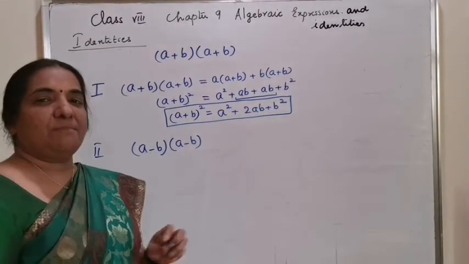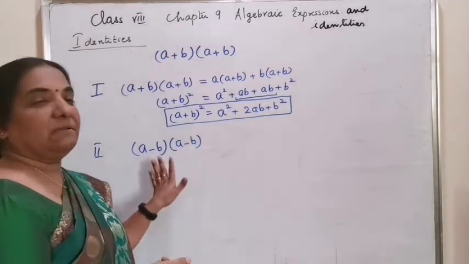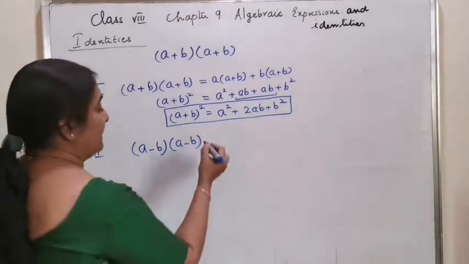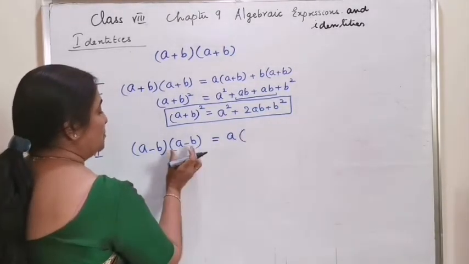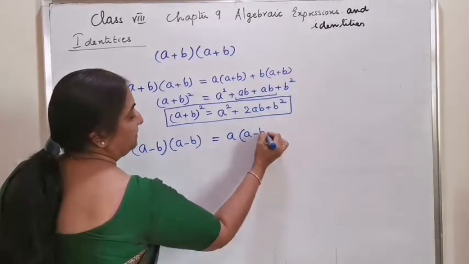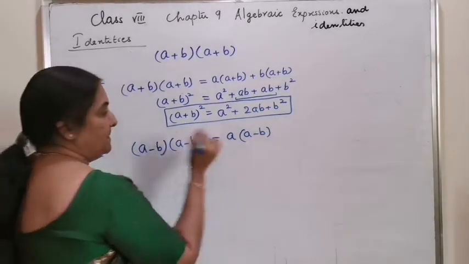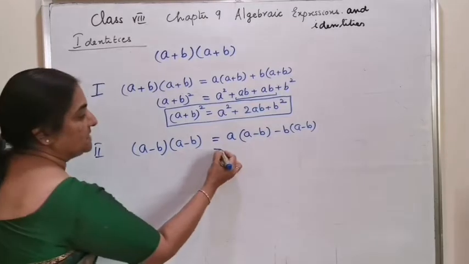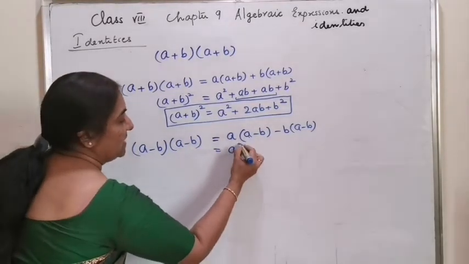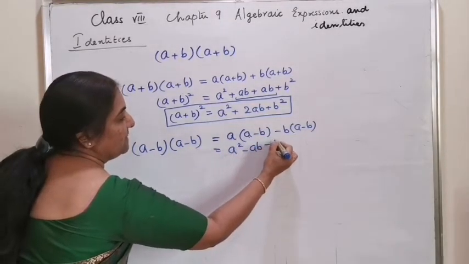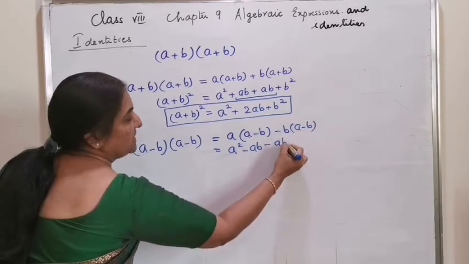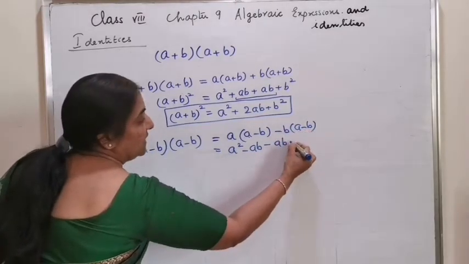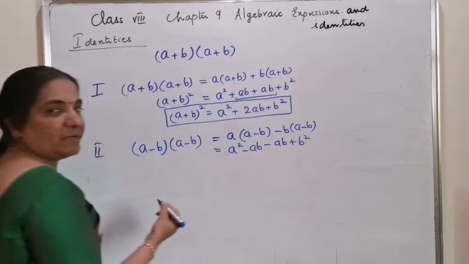That means the same binomial getting multiplied by itself is the same as A into (A minus B), minus B into (A minus B), which is the same as A into A is A square, minus AB, minus B into A, minus AB, negative into negative is positive B square.